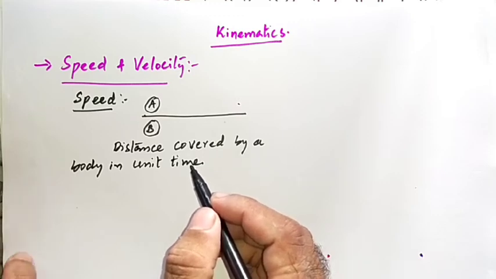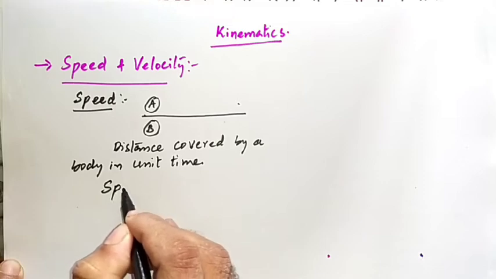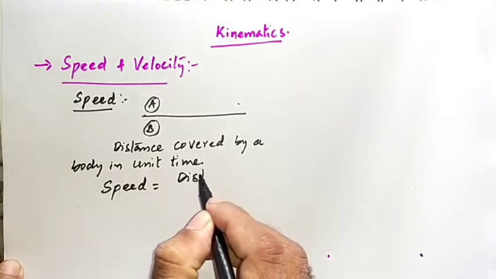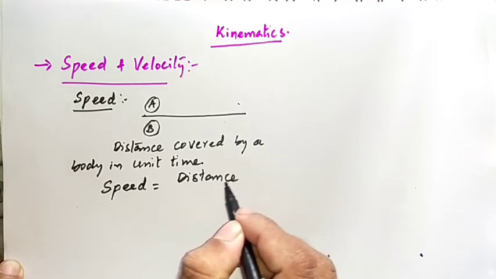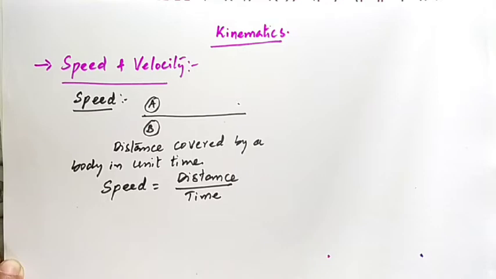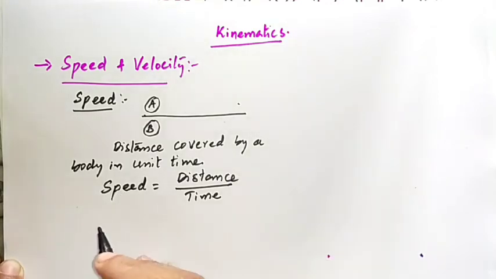That is known as the speed of the body. So speed can be mathematically defined as distance divided by time. When you divide the distance traveled by a body by the time, you get the speed.